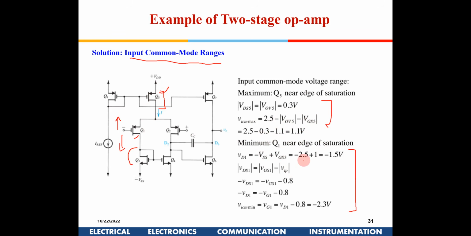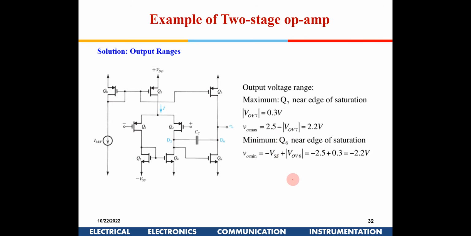We have done enough such problems for the differential amplifier, as well as for the current mirrors, right? So just go through those current mirror lectures, and then find the maximum input range for this. You need to do this yourself.